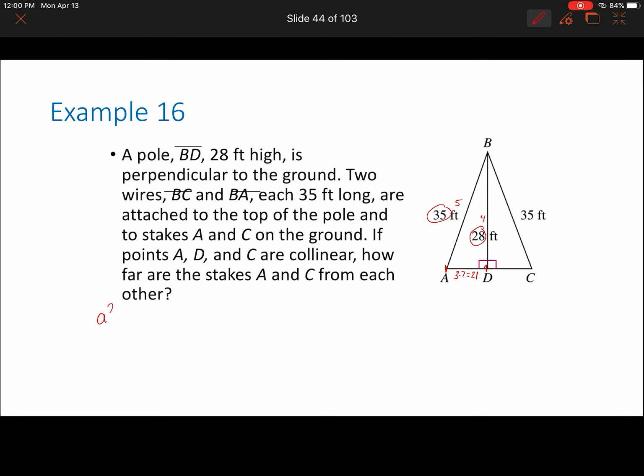Now, let's say you don't know that, because I don't want to assume that you would recognize that. So let's say that A squared plus 28 squared is equal to 35 squared. Well, we know A squared plus, again, need to figure out 28 squared. And so again, use your calculator. So 28 squared is 784.